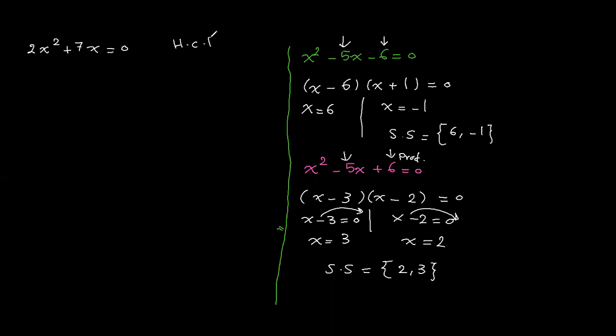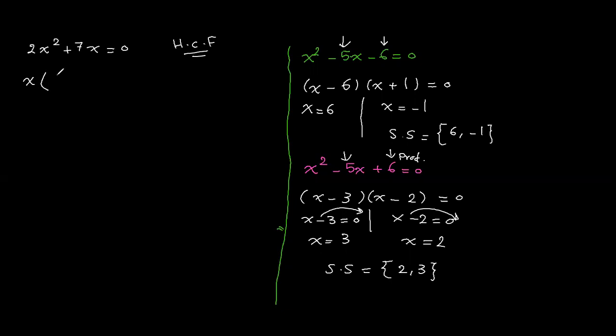HCF is very important, that we studied. We want to take the HCF here. So our HCF depends on the symbol. So we take the symbol x, the highest power is 2, the lowest power is 1. So we take x with the power 1.